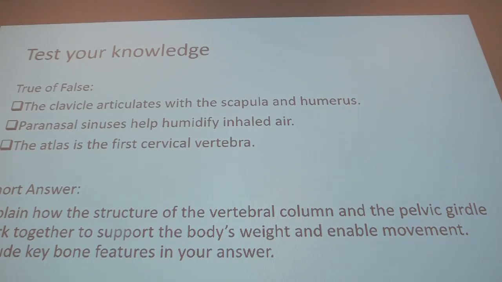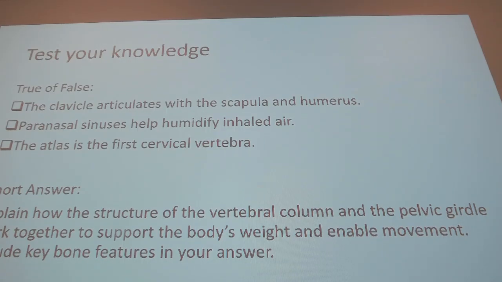Short answer: explain how the structure of the vertebral column and the pelvic girdle work together to support body weight and enable movement. Include key bone features in your answer. So what connects to what? First, what part of the vertebral column connects to the pelvic girdle bones?